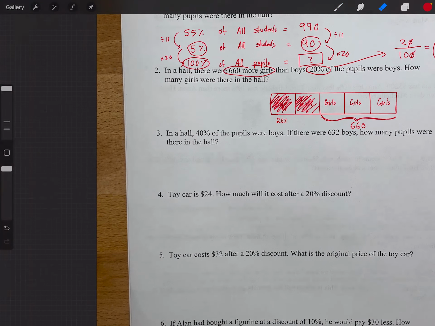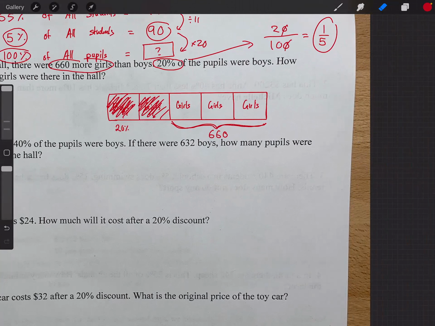Which means we want to find how many are in each of these boxes. Let me color this in blue. So we take 660 and divide it by 3, and that gives us 220. So inside each of these boxes is 220.